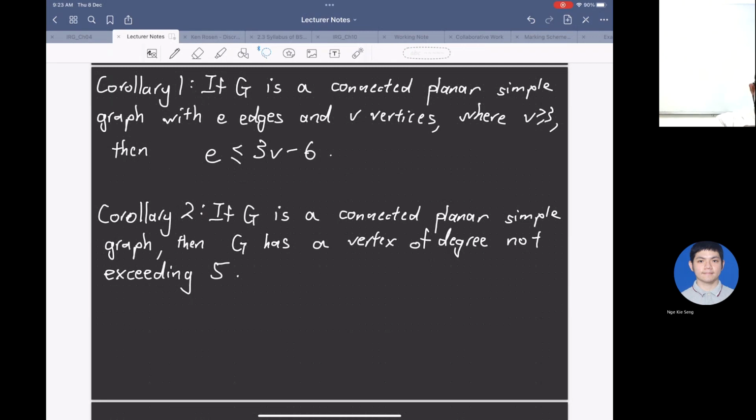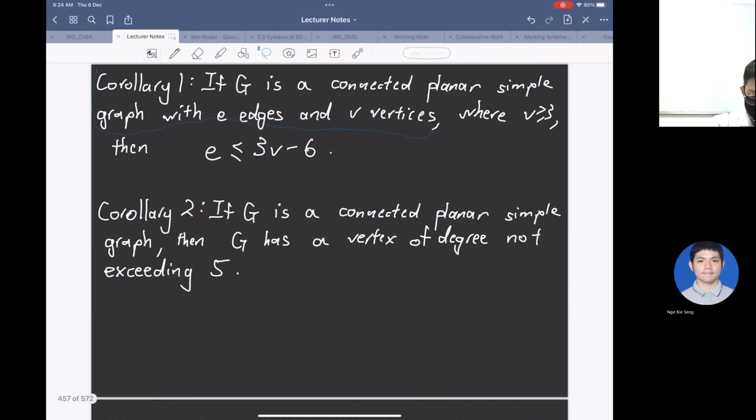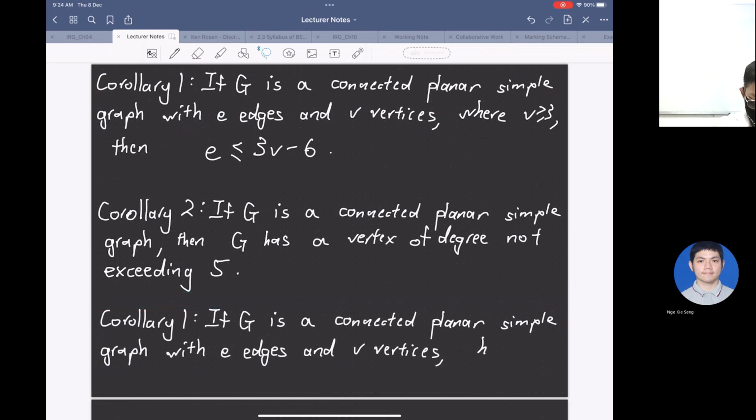And then the next one is the similar condition with one more sufficient condition, which is that G is connected, planar, simple, and has no circuit of length 3.